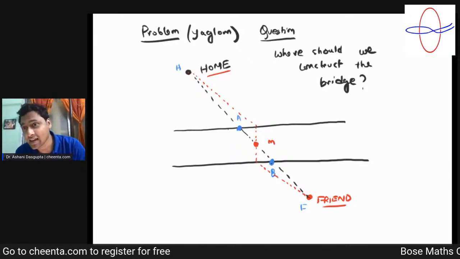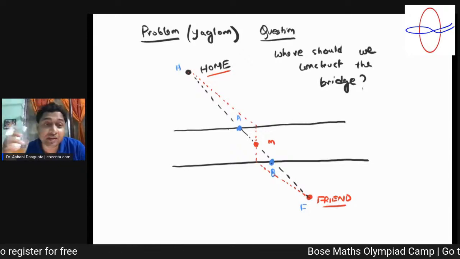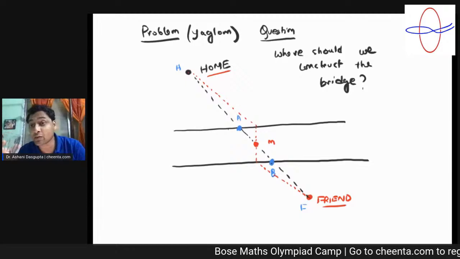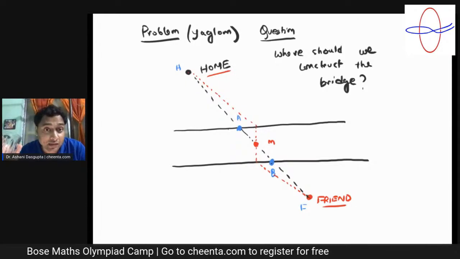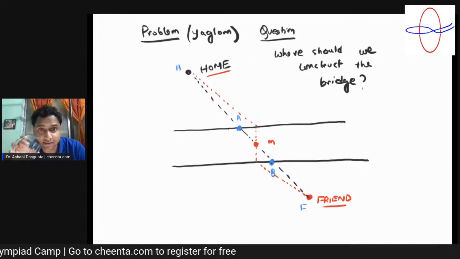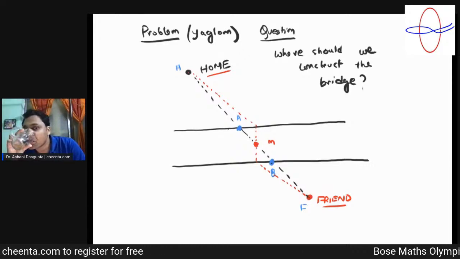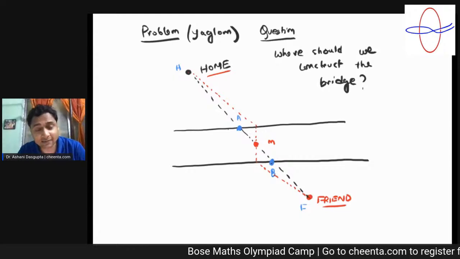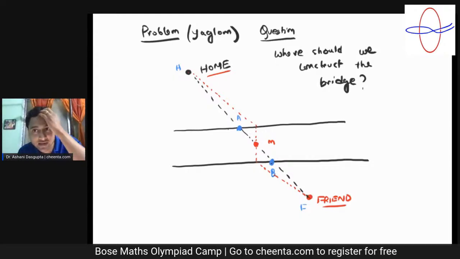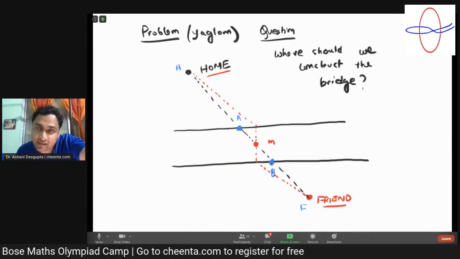So you have to now give me a reason why this particular path will be shorter than all other possible positions of bridges. Maybe this is correct, but you have to think about why this will be correct in the first place.